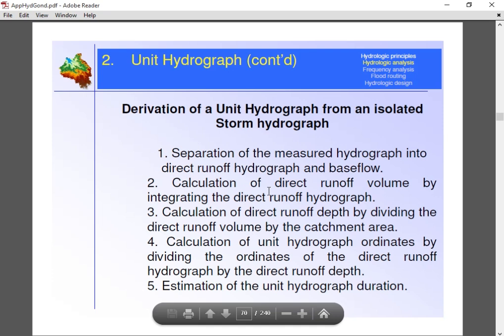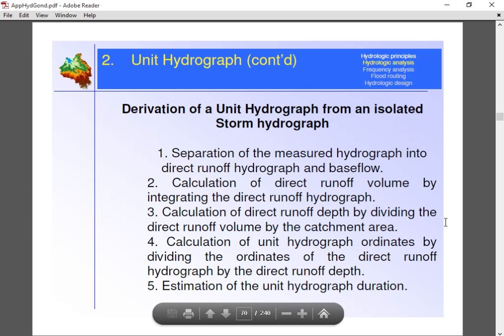The second thing is calculation of direct runoff volume by integrating the direct runoff hydrograph. Thirdly, you should know the calculation of direct runoff depth by dividing the direct runoff volume by the catchment area.